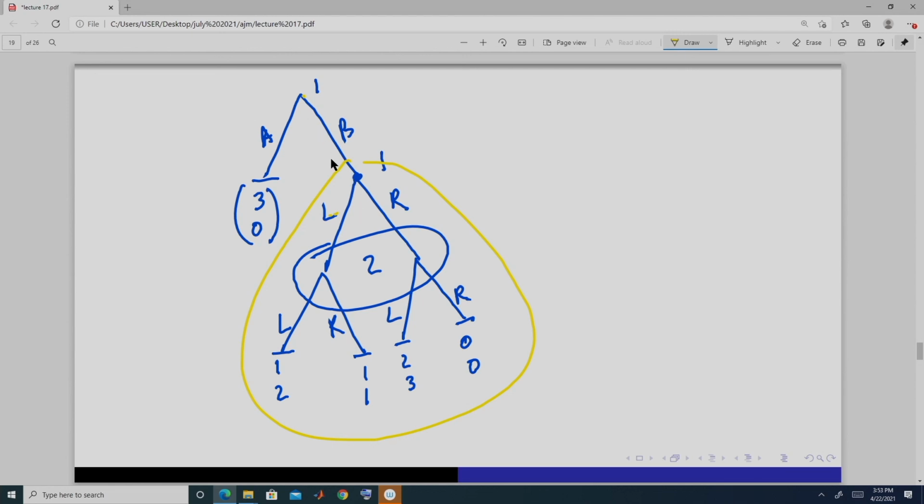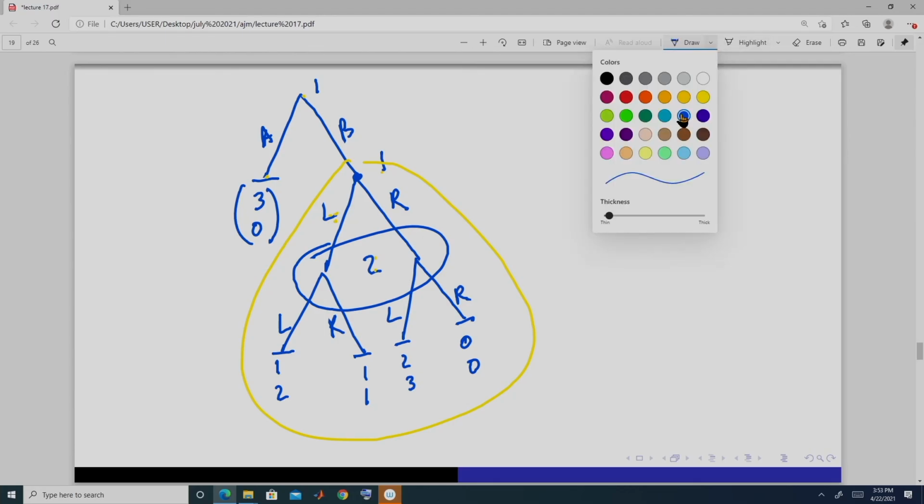All this is not known. Player 2, when it is moving, will know that player 1 has chosen B, otherwise it will not get the chance to move at all. So, in that sense player 2 knows that player 1 has chosen this, but player 2 is not going to observe the action L, and similarly player 1 is not going to observe the action of R. So, now how do we solve this?